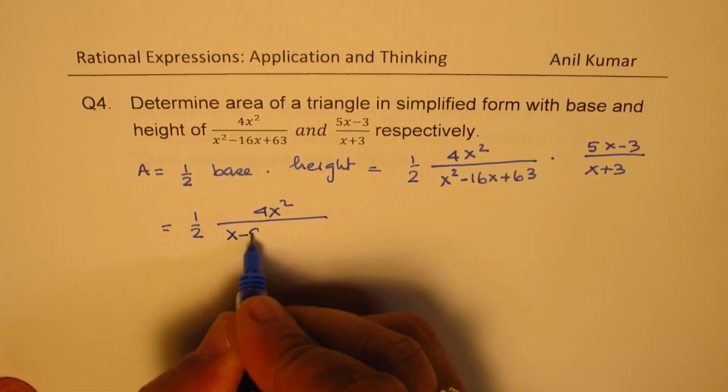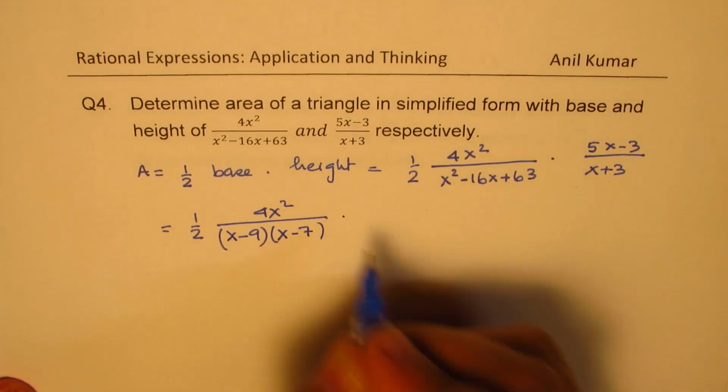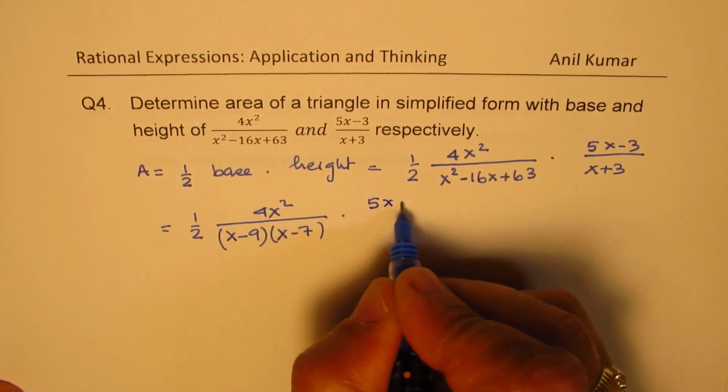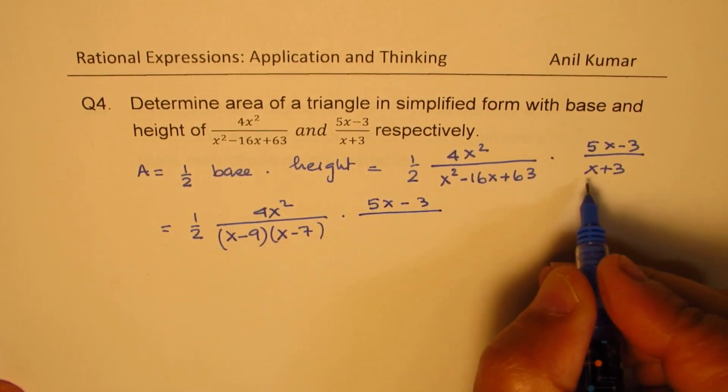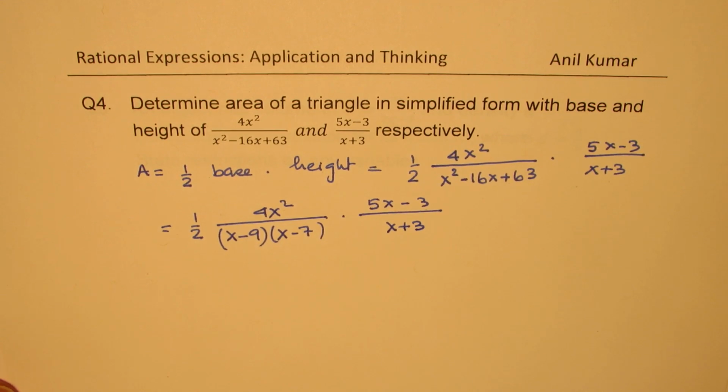So we get x minus 9 times x minus 7. On this side, 5x minus 3 cannot be factored. And here we have x plus 3. So that is the area of the triangle. So you just multiply these terms to get the area.